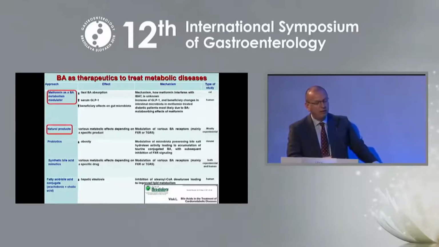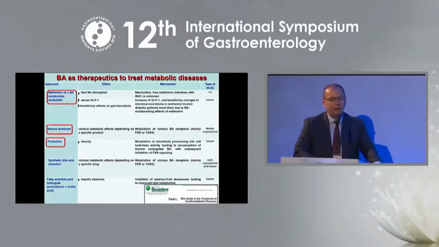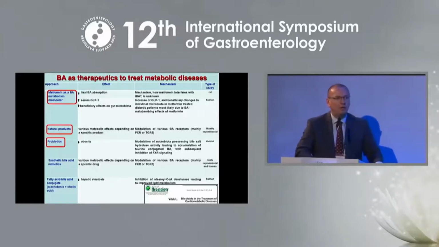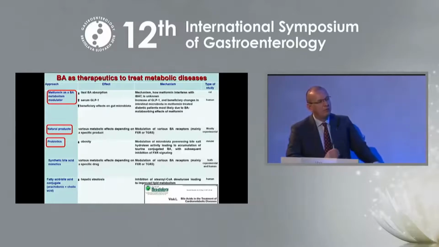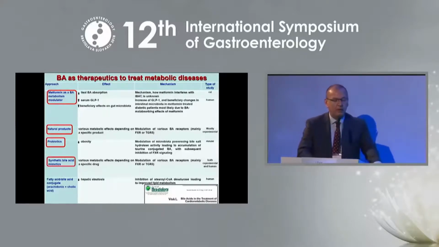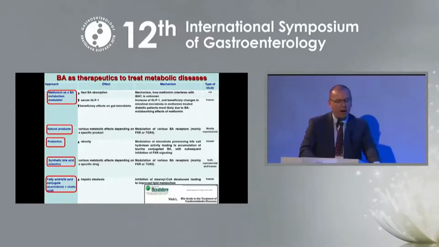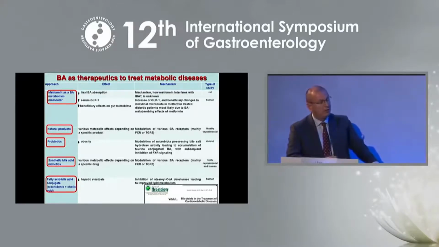Of course, probiotics are a big topic, especially those capable of modulating bile acid metabolism within the intestinal lumen. Obviously, we have on the market first synthetic bile acid mimetics, and it was also mentioned in the previous talks that there are other drugs, such as aramchol, which is a fatty acid bile acid conjugate, which is also used for treatment of NASH.